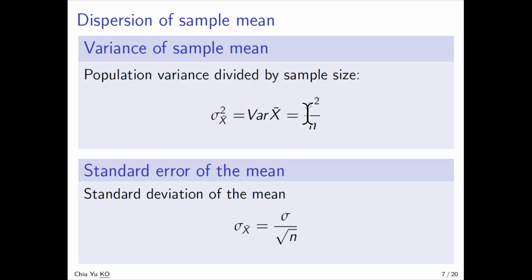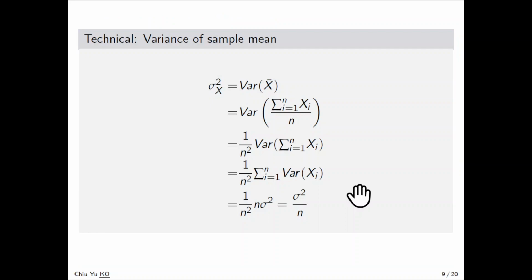So let's prove it. The variance of the sample mean, we just directly do the calculation. The variance of the sample mean can be rewritten as the variance of the sum of the observations over n. And remember, n can be taken out, but you need to add a square. And then the variance of the sum, and remember it is a simple random sample, which means they're independent.